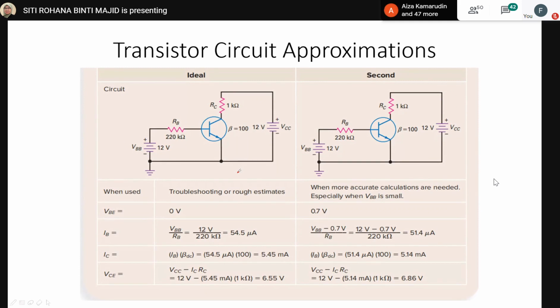What happens when both junctions are forward biased? As I discussed in last week's lecture, when both CBJ and EBJ are forward biased, there is a lot of current, charge carriers, present in both loops.